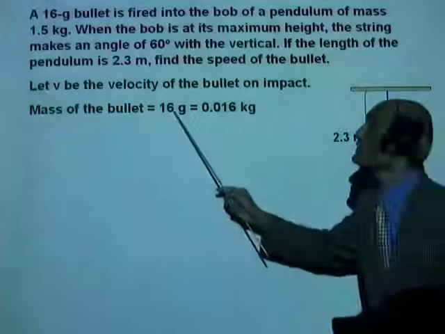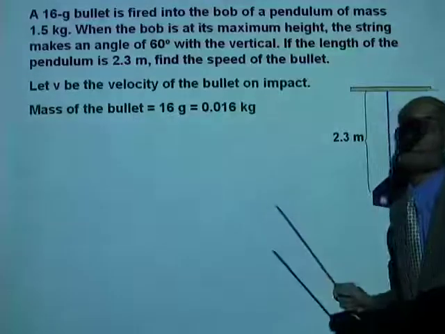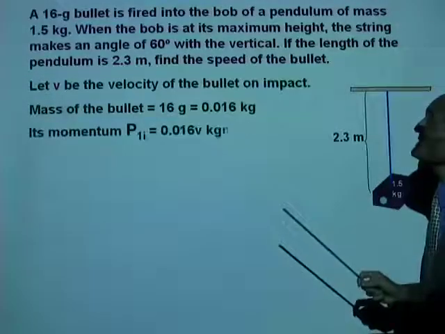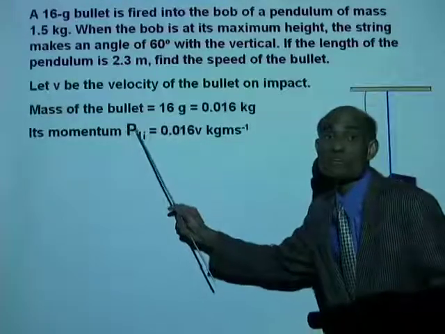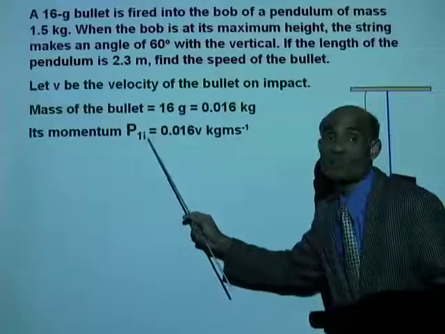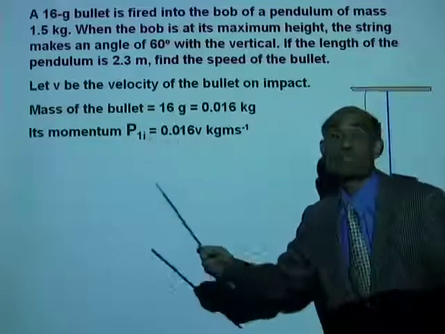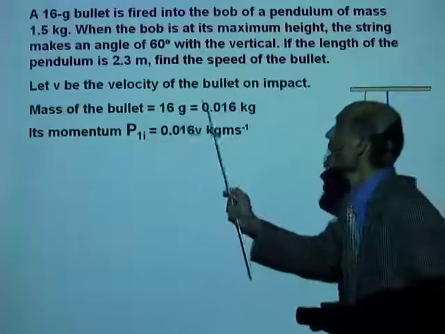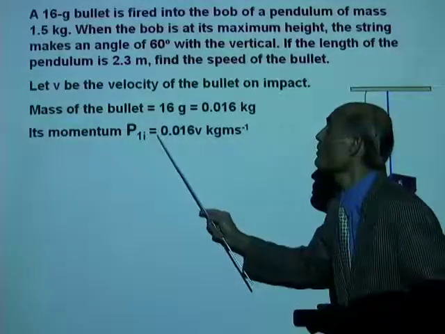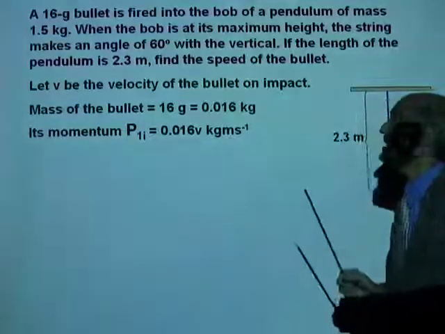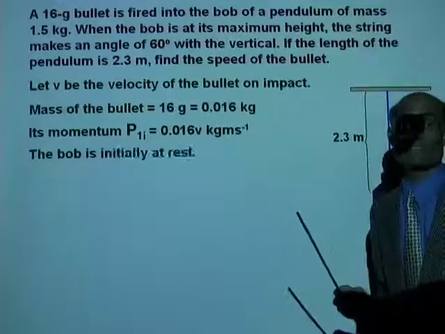Now, mass of the bullet is 16 gram, that is 0.016 kilogram. Therefore, its initial momentum, P1i, initial momentum of the first object, that is the bullet, is its mass times its velocity, 0.016 v kilogram meter per second.